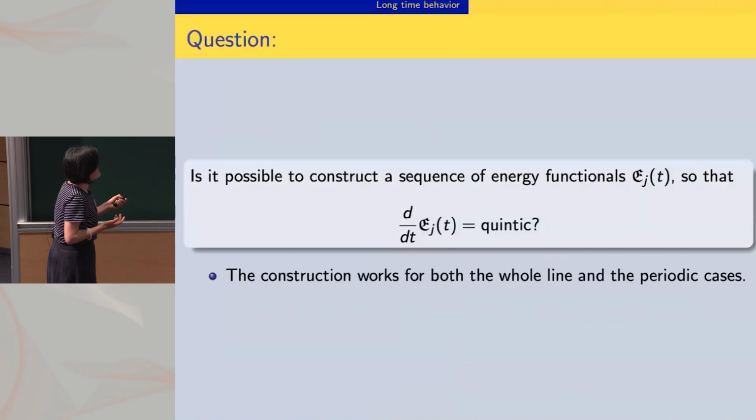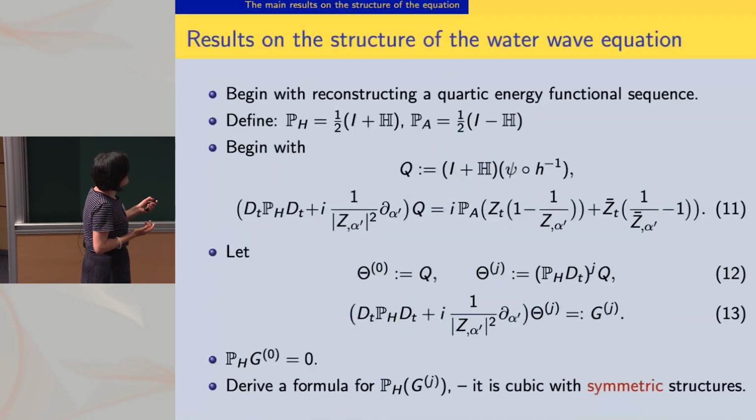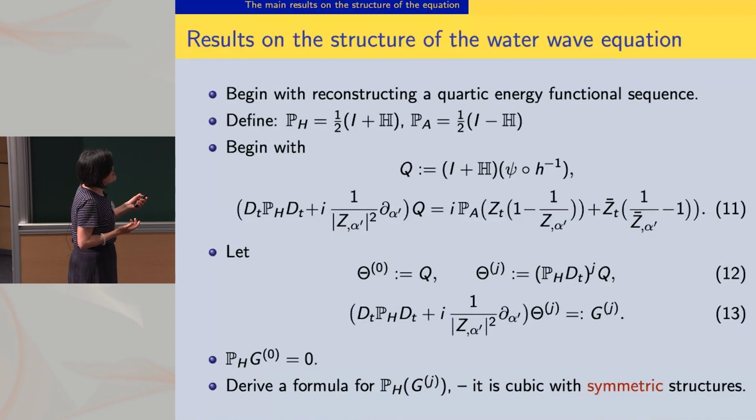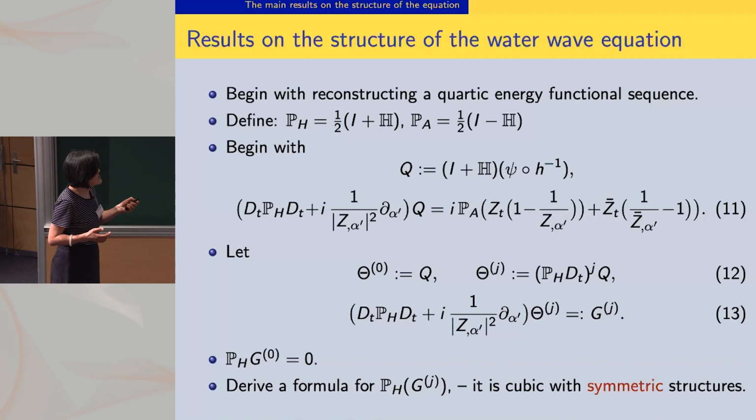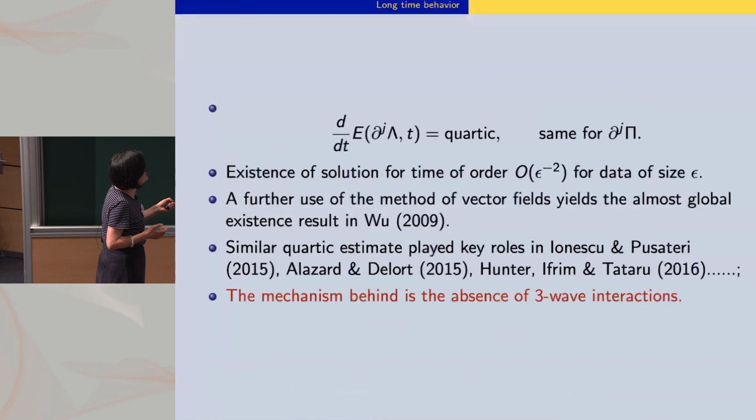But what really worked here is that you take a material derivative, then you take a projection to the space of holomorphic functions in the lower half plane, then you take the material derivative again. But here it's just 1 over capital Z alpha squared, and you are not really using the full A1, right? In the Riemann mapping coordinate it should be A1, but this A1 disappears.